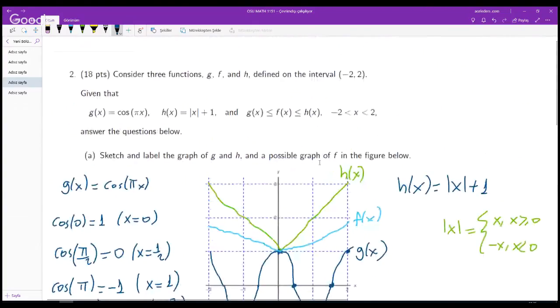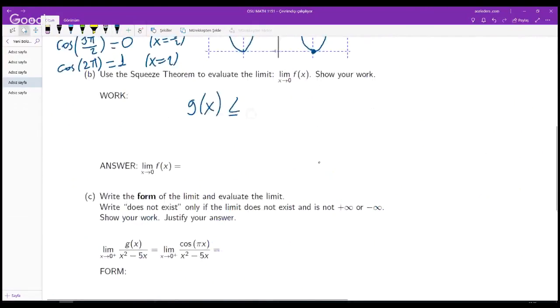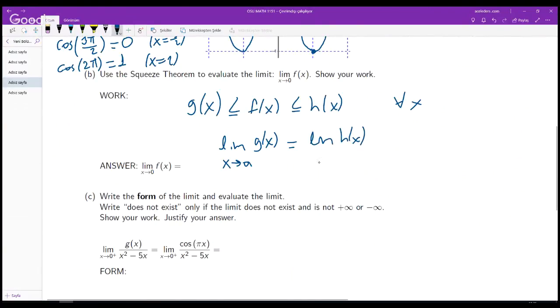Let's write it as it is here. g(x) smaller than or equal to f(x), and it is smaller than or equal to h(x) for every x, and limit of g(x) as x approaches a equals limit of h(x) as x approaches a, then limit of f(x) as x approaches a must be the same as these limits. Okay?